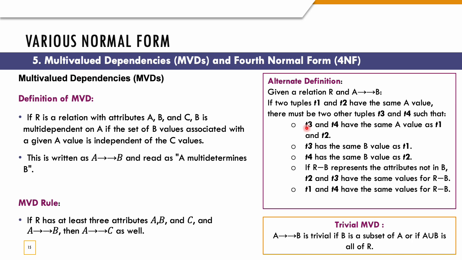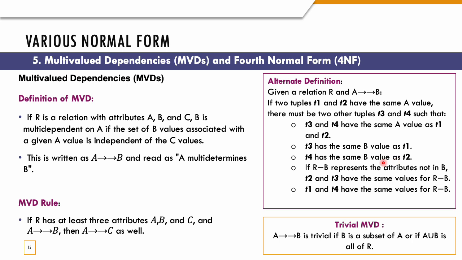T3 has the same B values as T1, and T4 has the same B values as T2.